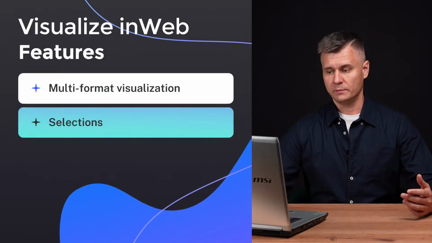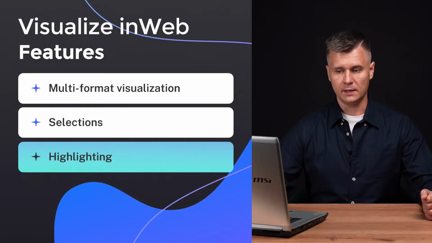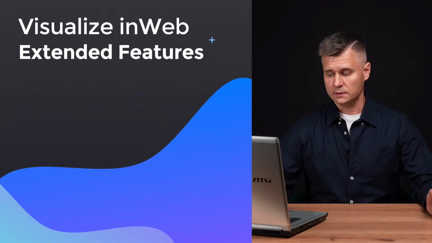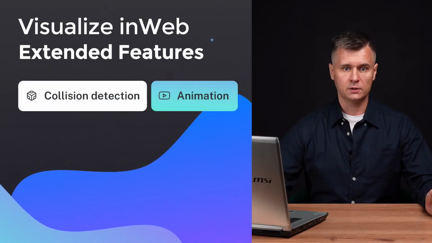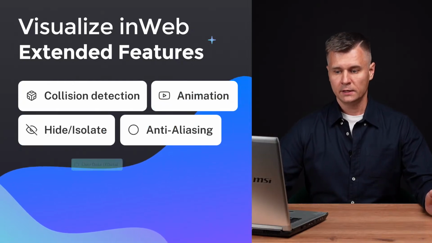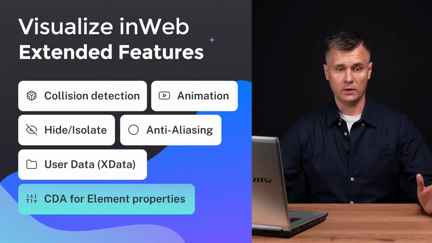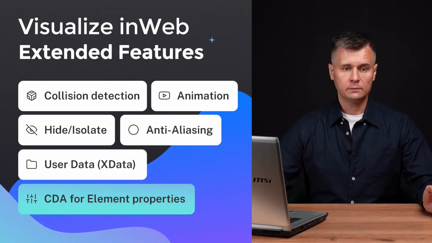In addition, we've migrated several capabilities like selections, highlighting, cutting planes, and that's not all. There are several extended capabilities like collision detection, animation, hide, isolate, anti-aliasing, user data or X data, and CDE for element properties. The latter two need additional comment, I guess.